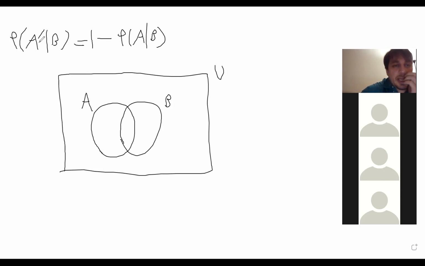And so the region A prime given B, right? A prime is what's not in the circle A.